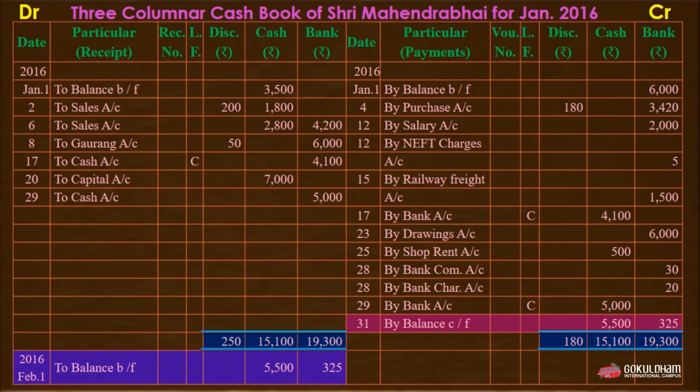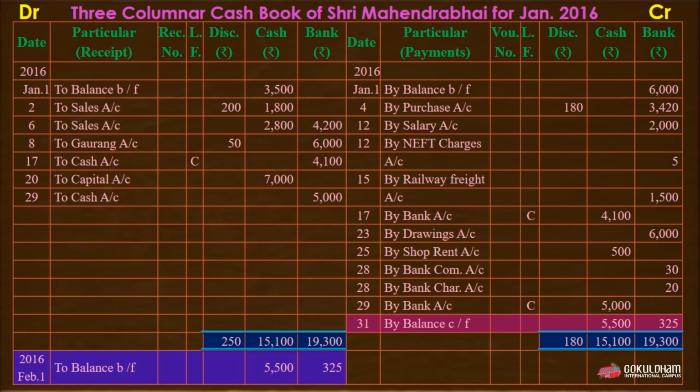The debit side column's addition is 250 rupees and the credit side discount column is 180 rupees. It means 250 rupees is our allowed discount and 180 rupees is our received discount.